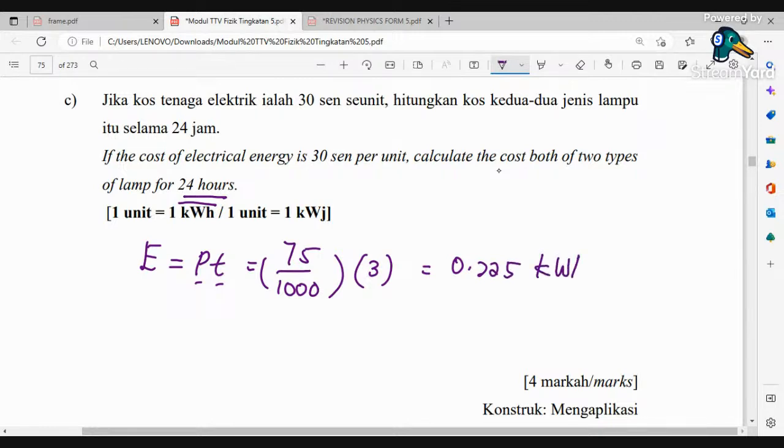Kilowatt hour. Okay, so cost equals to 0.225 times 0.30 ringgit. 0.0675 ringgit.